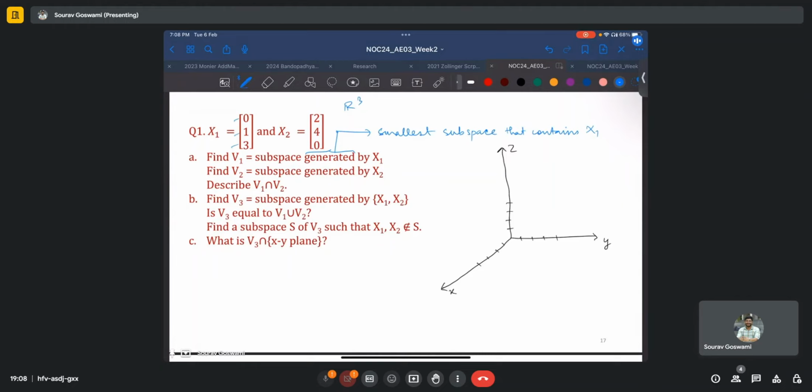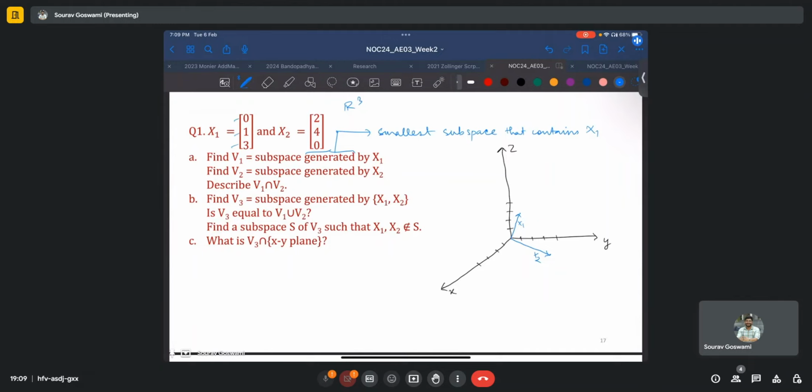The first vector is 0, 1, and 3, so maybe somewhere here, this can be x1. And the second is 2, 4, and 0, so maybe here, this can be x2.